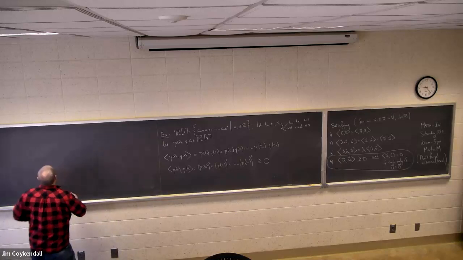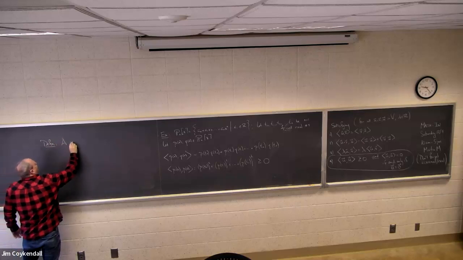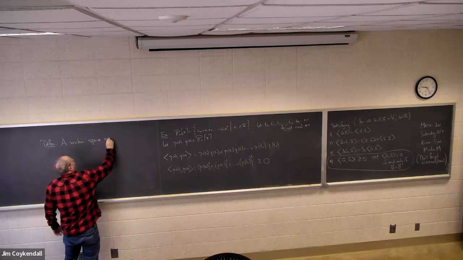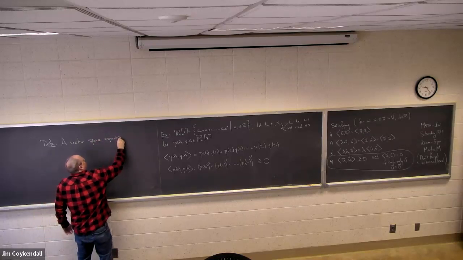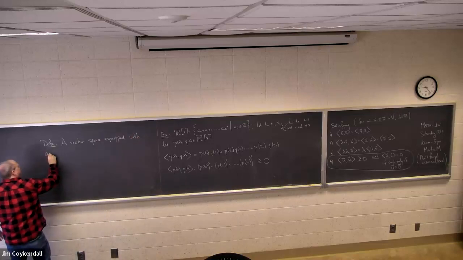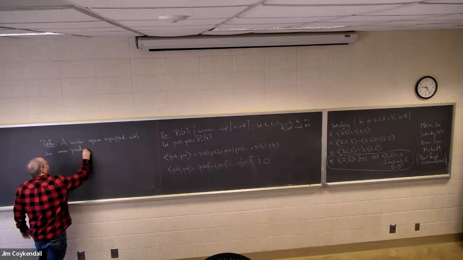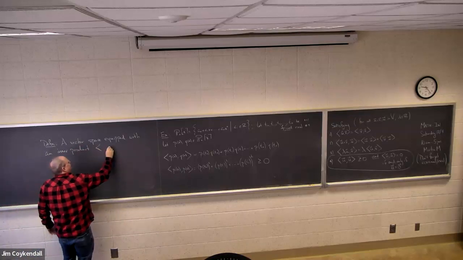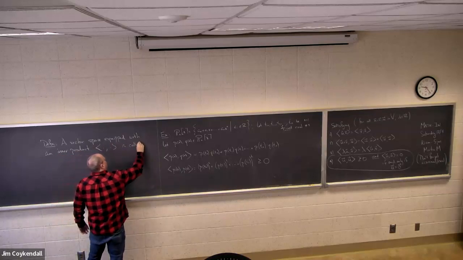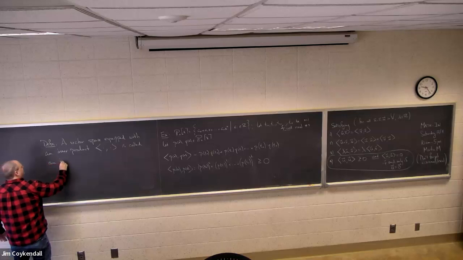So, let me give you a definition. A vector space equipped with an inner product is called, drum roll please, an inner product space.